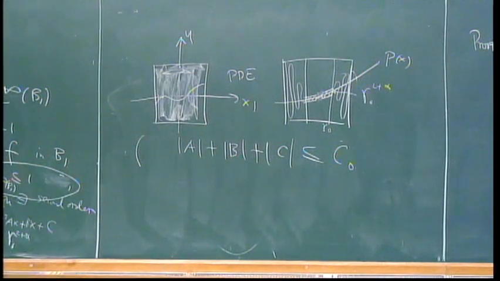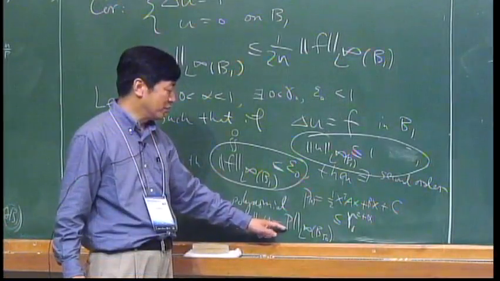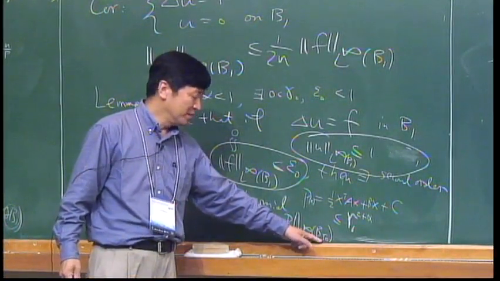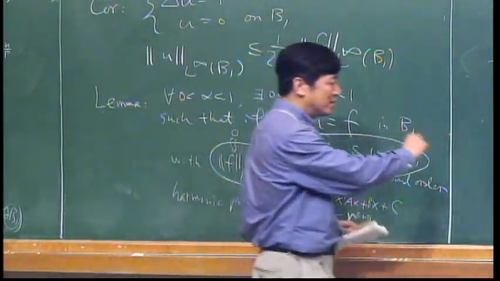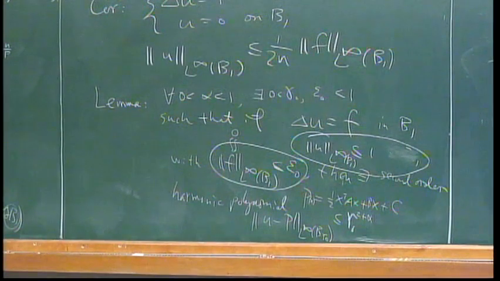There are many ways to see it. For example, R0 is universal. So I know u is less or equal to 1, right? And the error is almost like 0, say less or equal to 1. So the error in L infinity would be less or equal to 1 in that little ball. So the second order derivative would be universally bounded. So this is totally free, and that is the proof.